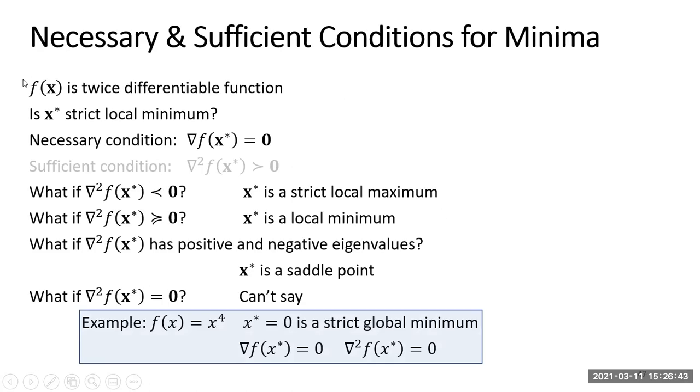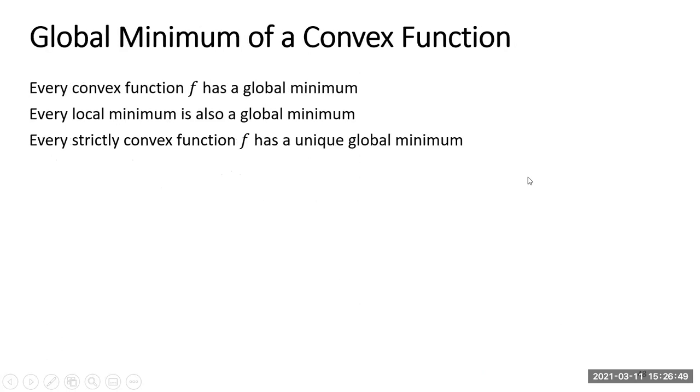Now, this is for any function, and we were confining our attention to local optima. Now, let's turn our attention to convex functions. Every convex function has a global minimum. Every local minimum is also a global minimum. We saw that. And every strictly convex function has a unique global minimum.